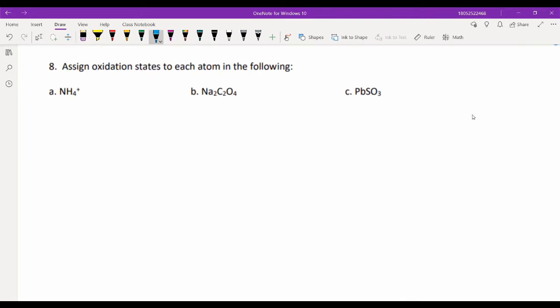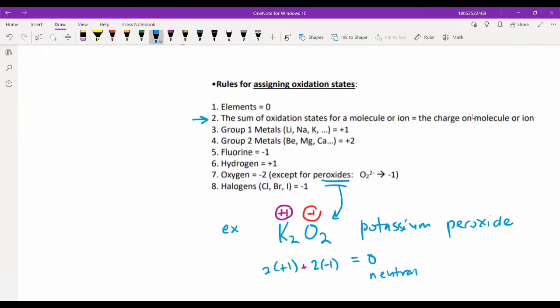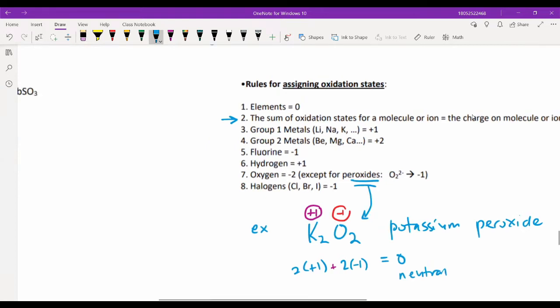Let's look at something like ammonium. We know the charge is +1, so all these oxidation states have to add up to +1. If we go through our list, we don't see nitrogen, but I see hydrogen, rule 6, which is +1.